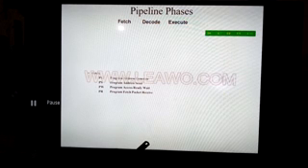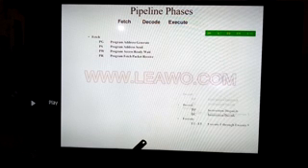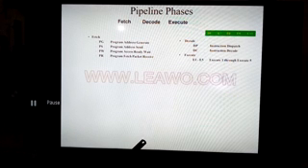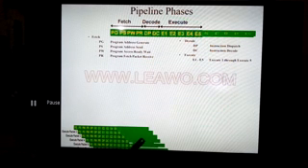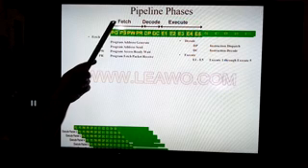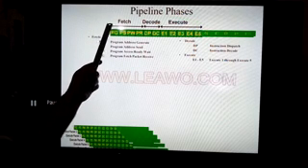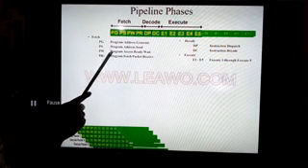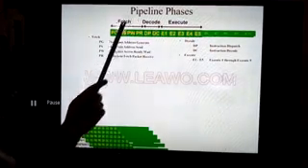Now if we see the pipelining, as we discussed in the previous slide, there are 3 sections in order to execute an instruction: fetch, decode and execute.